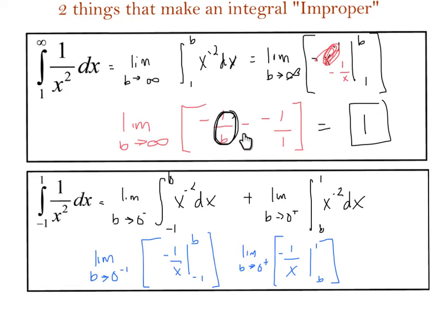You end up with negative 1 over b minus negative 1. Then when you plug in 0, you can't do 1 over 0. It's undefined. And because they're undefined, we say that the limit doesn't exist, and therefore the area doesn't exist. We call this divergent. Okay? And if we can get an area, we say it's convergent because it's converging to 1. But in this case, we can't get an answer. We get undefined pieces, so we say that it's divergent.